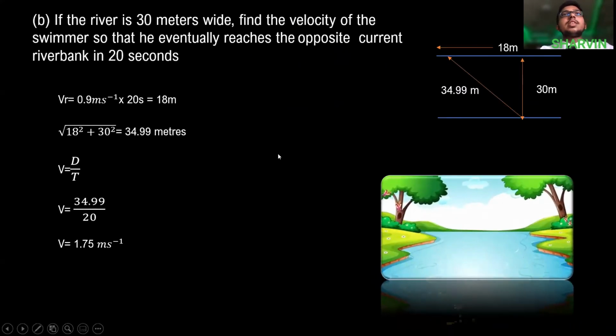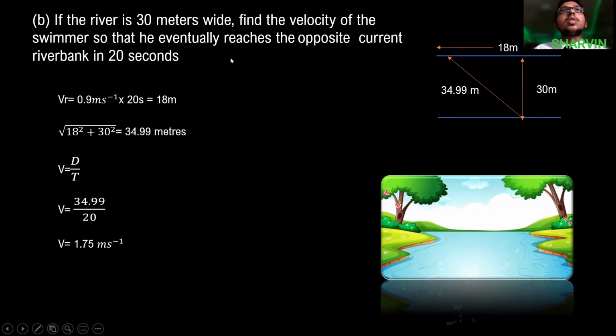If the river is 30 meters wide, find the velocity of the swimmer so that he eventually reaches the opposite riverbank in 20 seconds. So we have to find now the distance of the velocity of the river. That is 0.9 meter per second times 20 seconds equals 18 meters.